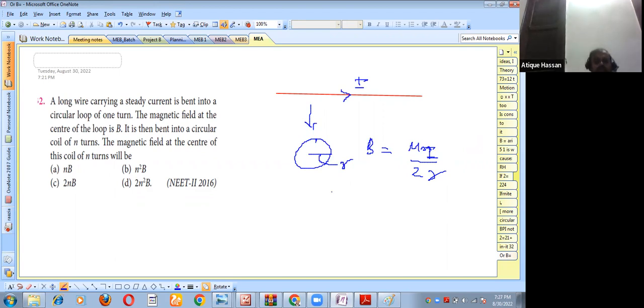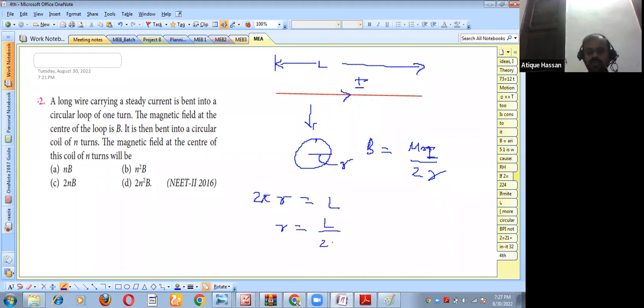Circular coil of n turns. Here suppose the length of the wire is L. Then 2 pi R will be equal to L, so we can find the radius, L upon 2 pi.